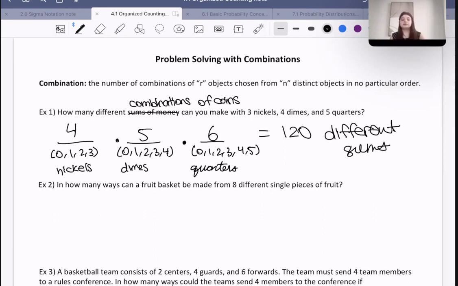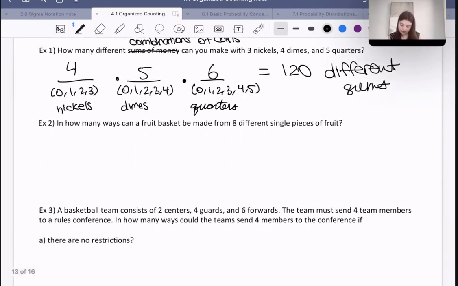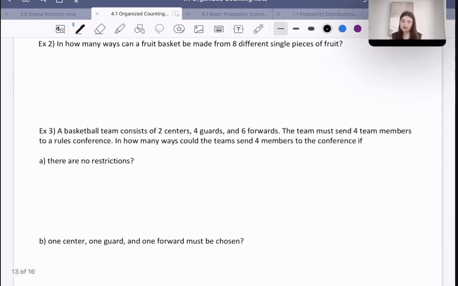Very good. All right, example 2 says, in how many ways can a fruit basket be made from 8 different single pieces of fruit? Well, here's the thing. Each fruit either is in the basket or it's not in the basket, right? So for fruit piece one, either the fruit is there or the fruit is not there.